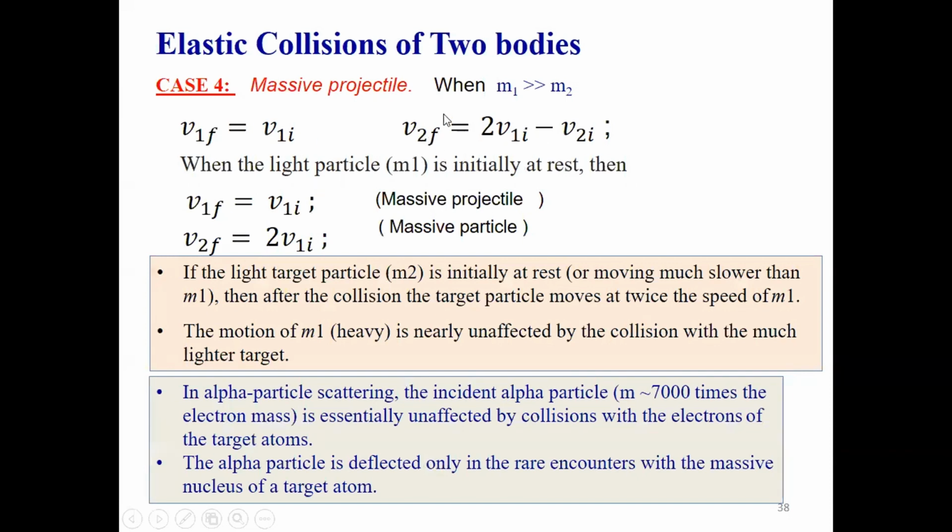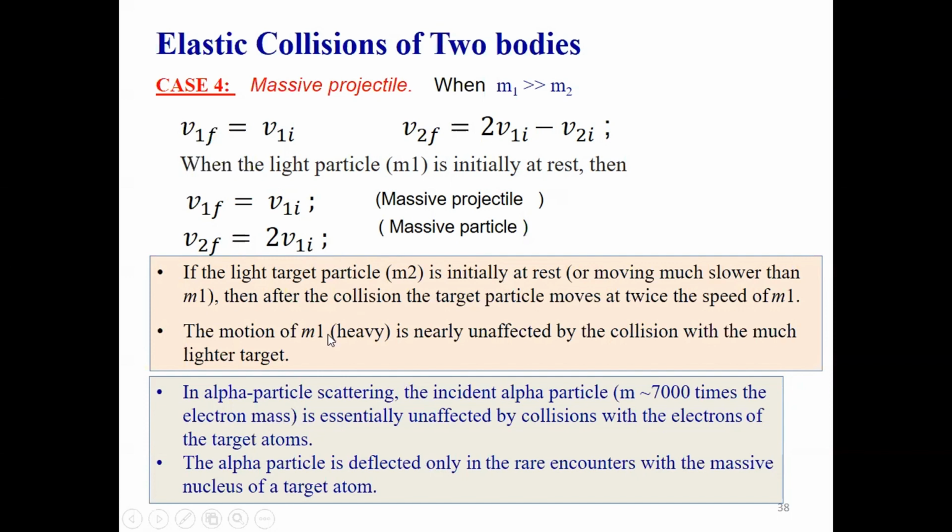And the final velocity of particle 2 will be obeying this equation. If the light particle is initially at rest, then you see the final velocity of particle 1 will be the initial velocity of particle 1, and the final velocity of particle number 2, the smaller particle, will become twice the initial velocity of particle 1.